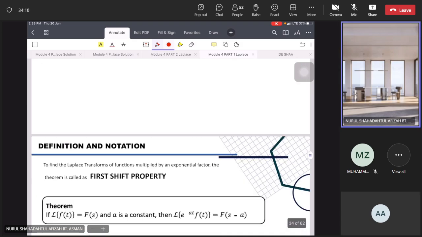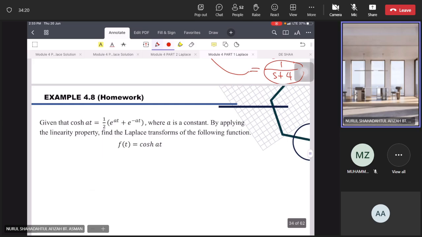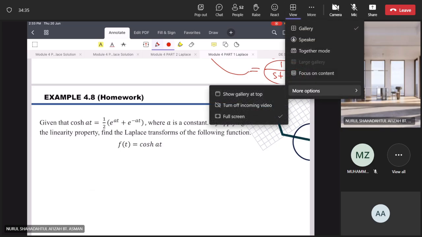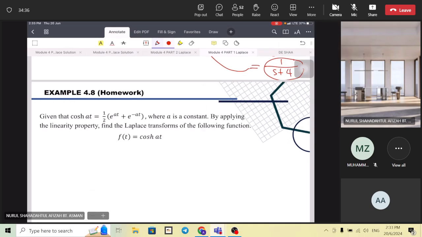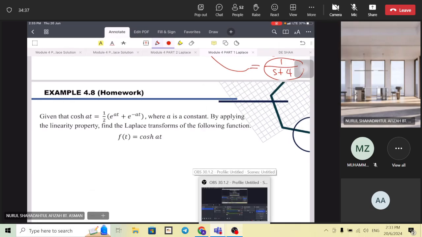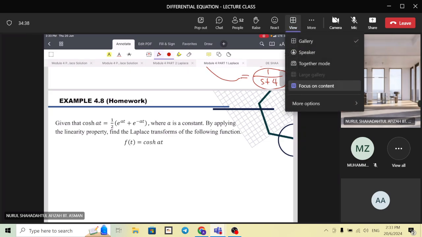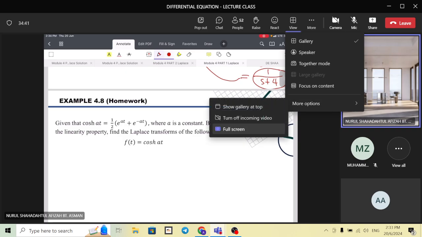I think we don't have a solution for this question. Example 4.8. So did anyone? Nobody did this homework?